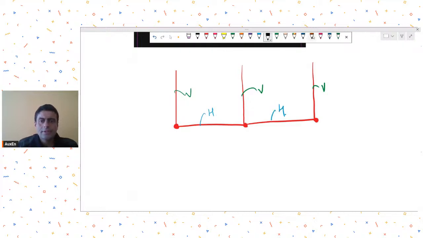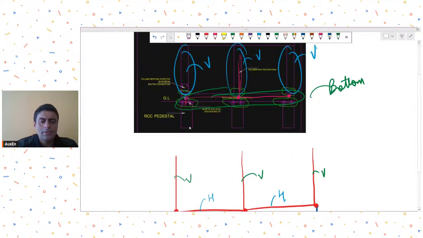Then you just have a small little projection like this. What property should you provide over here? Because in actual you have something like this. The bottom member is resting on your RCC pedestal, right? But providing support over there may not be possible.